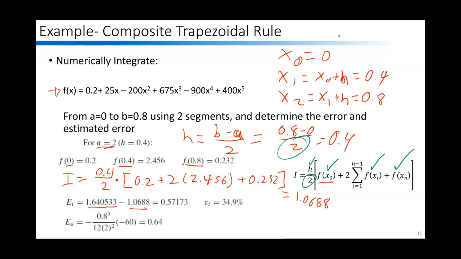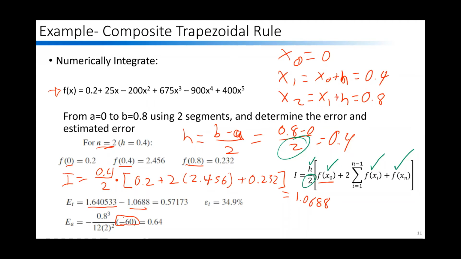I can calculate my approximate error by using that equation, negative 1 over 12 times the second derivative times b minus a cubed. So here I'm still retaining that 0.8 cubed for b minus a. I have my negative 12 over 2, and then I have my 60 approximation.